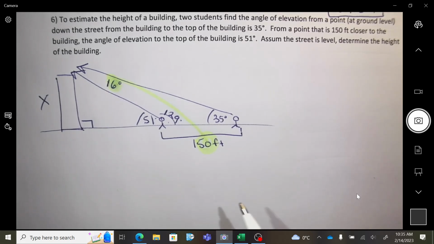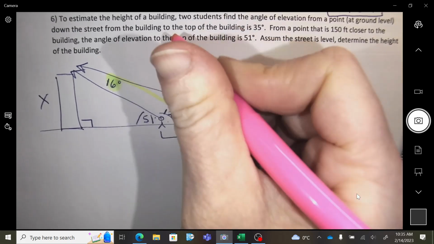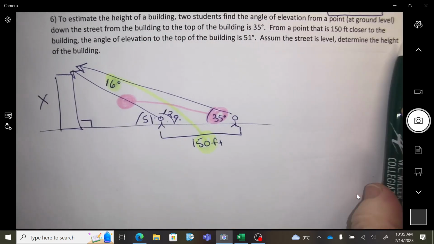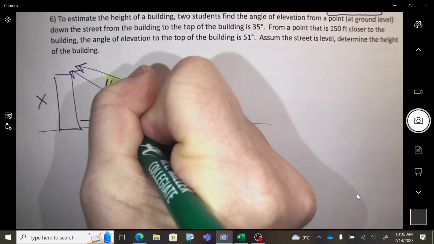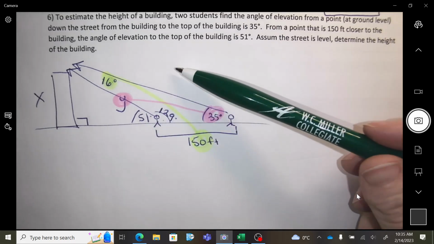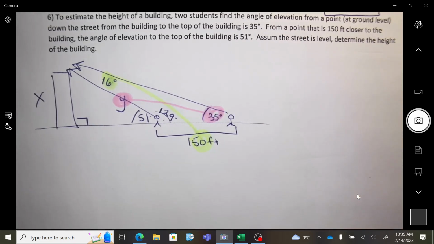You got to see them all. Okay, I'm going to pair 35 with this, which I'm going to give another letter. I'm going to put a Y on it. Okay? It is possible to go that way. That's fine too, as long as you're making sure all your matchups are in order.